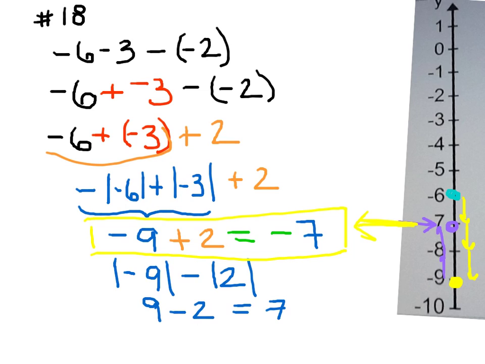I had to write that as an addition problem, so I changed that sign, which meant I had to change that sign as well. So when I got the negative 9, I had to add to that my plus 2. Since their signs were different when I'm adding them, the negative 9 had a greater absolute value, so I kept his sign. And then since the signs were different, I subtract their absolute value. That gave me 7, and my final answer is negative 7.